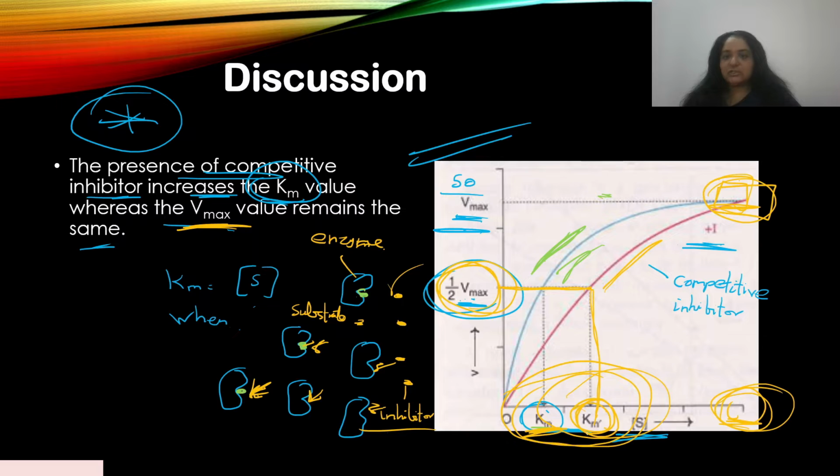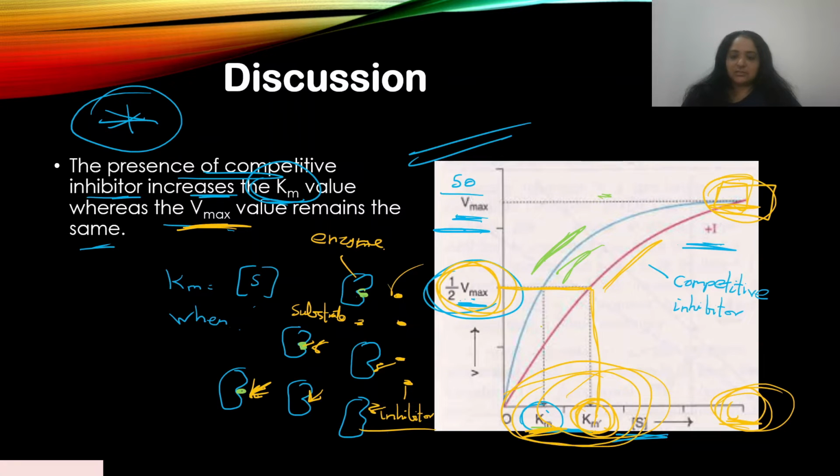That is why you see an increase in the Km value. So that's the logic behind this. Vmax remains unchanged, but the Km value has to be increased because now the inhibitor is beginning to occupy the enzyme active sites and substrate needs to be increased to be able to perform the normal reaction. So the Km value increases in competitive inhibition and the Vmax value remains the same. All right, clear?